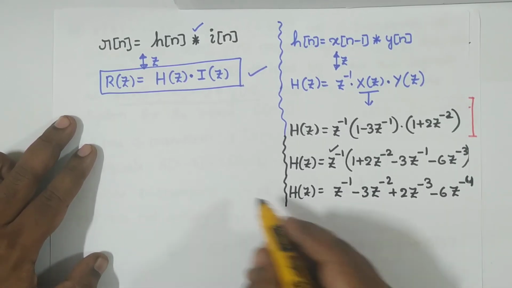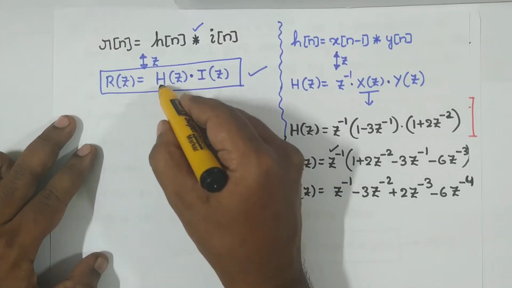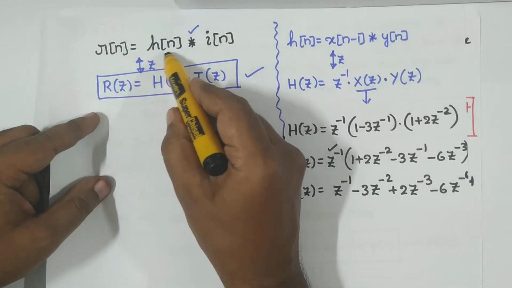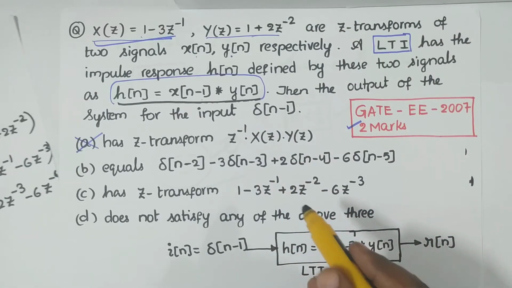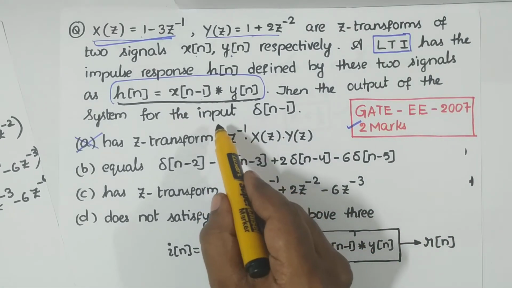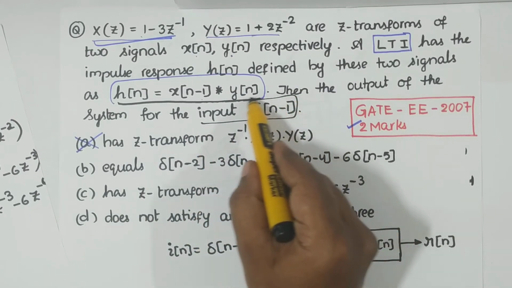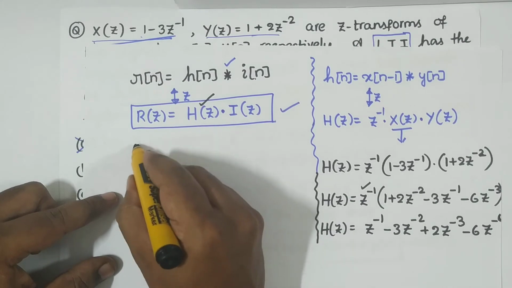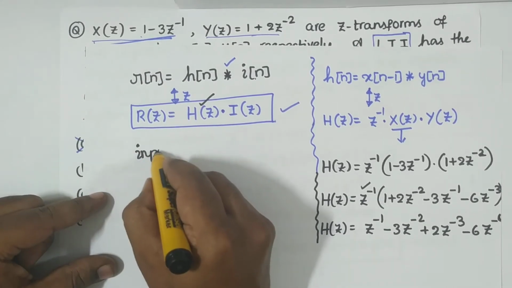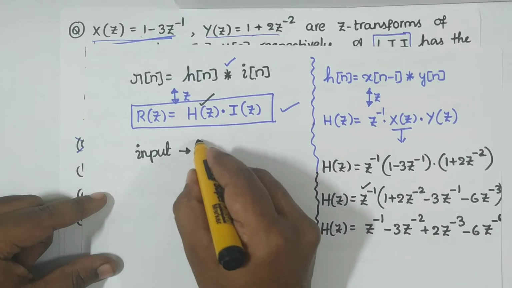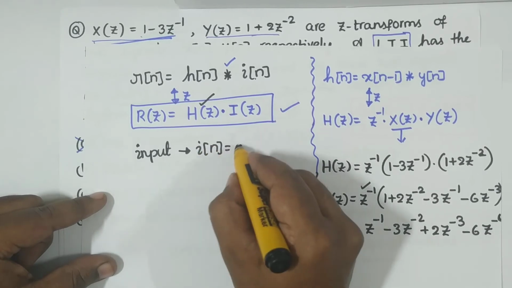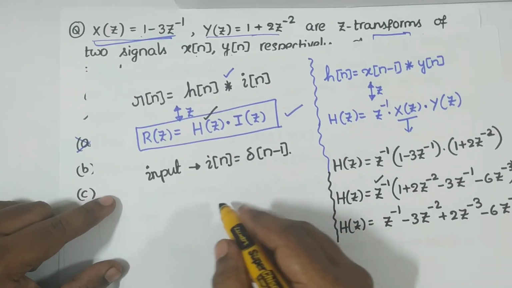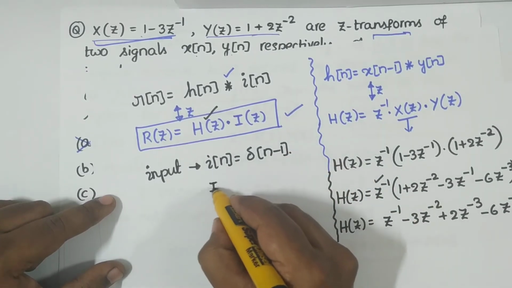Now this H of z we can plug in here. Now what is h of n convolved with i of n? The output of the system for the input delta of n minus 1. That means our input i of n is equal to delta of n minus 1. Alright, so now what is I of z?